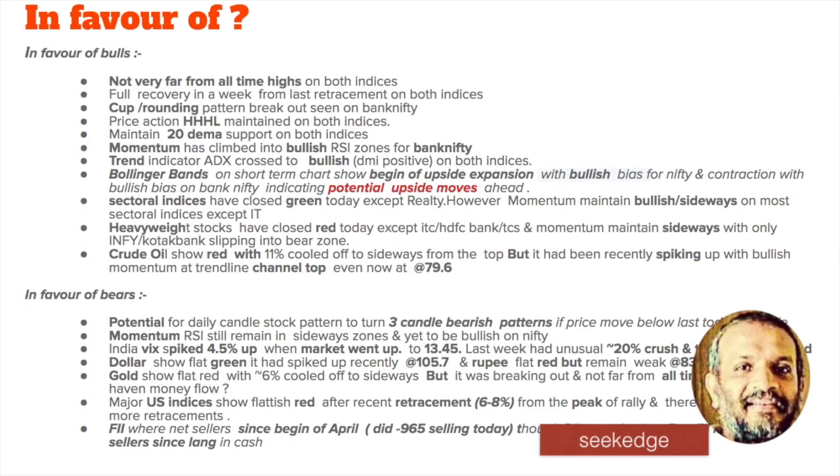Heavyweight stocks that contribute the maximum to the index, ITC, HDFC Bank and TCS, are green today. Others are red, so momentum there is also sideways except for Kotak Bank and Infy. Kotak Bank because of some bad news flow, Infy because overall the IT sector is down. So only these two are in the weak zones, the rest is sideways.